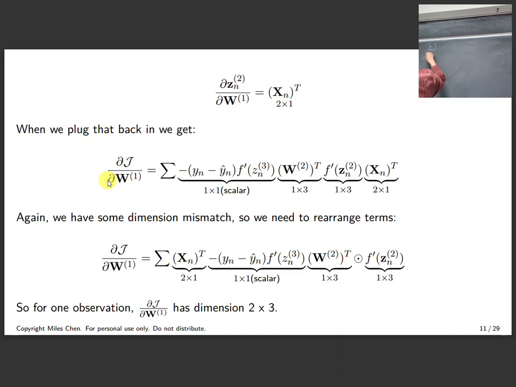sorry, this is the dW1 matrix, and you can say, what if I want to do it for just this top element? You could reduce everything to just scalars.